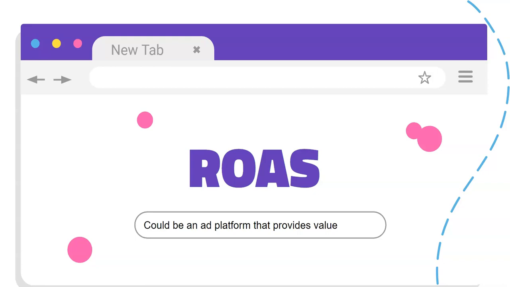In other words, you're generating a lot of traffic to your landing pages from those ads, a high click-through rate. You're generating a lot of sales from those ads, in other words, a high conversion rate, but you're not making a lot of money on those sales that your ads are generating. So your return on ad spend could still be very low.